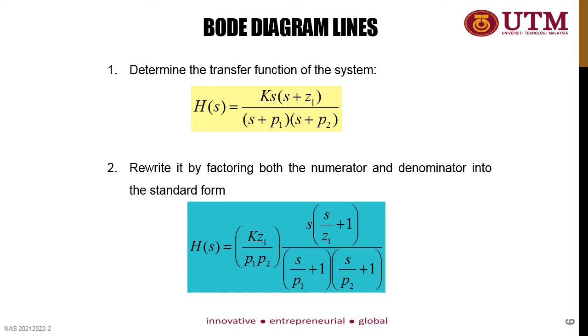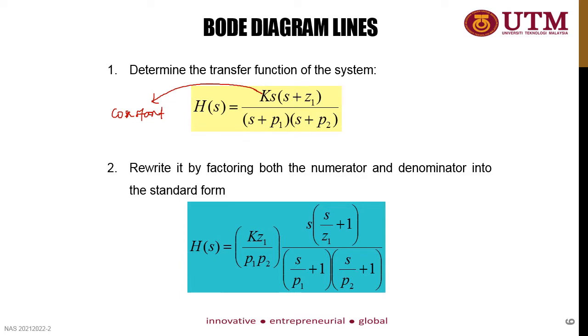Okay, in order to plot, the first thing is to derive a transfer function from the given system or from the given circuit. After partial fraction expansion and so on, you will have an equation with a combination of a constant, in this case represented by k, and components on top and at the bottom.